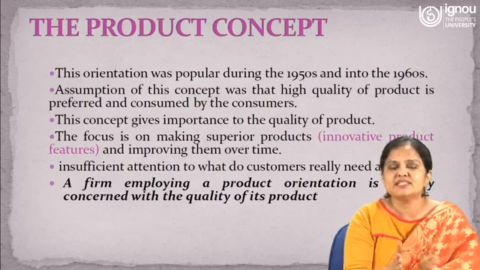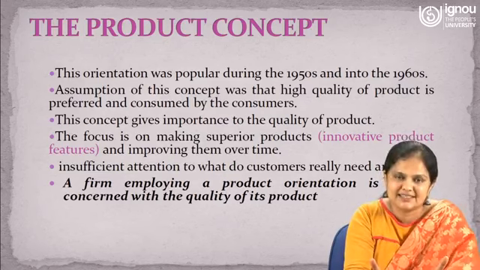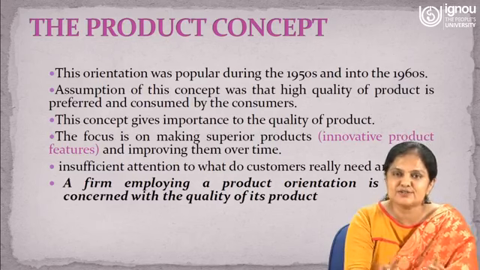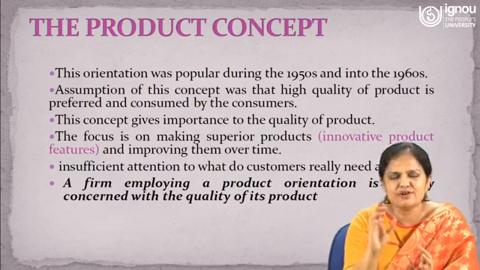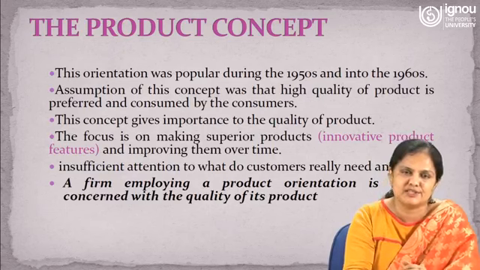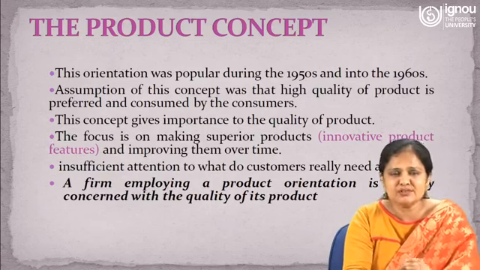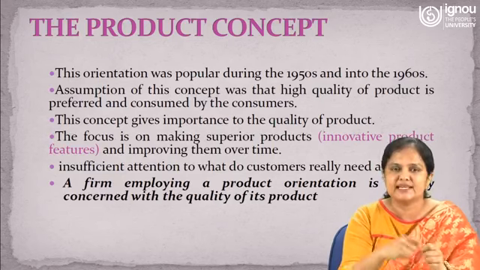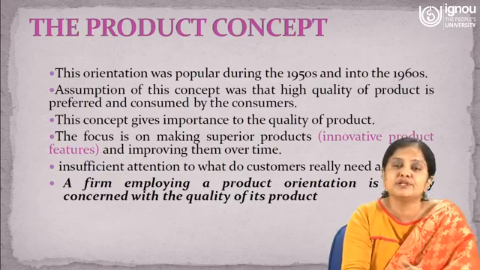They really wanted to see some kind of differentiation in the market in terms of quality also, in terms of the uniqueness of the product also. So they were looking for some kind of changes in the products. So this thought of the consumers, this market dynamism, gave importance to the quality of product.